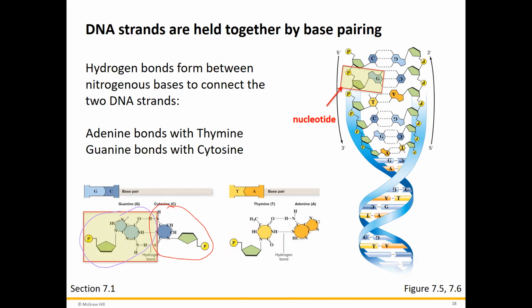Phosphate, sugar, nitrogen base. In order to get these hydrogen bonds to form, you have to have the right molecules lined up. And in order to get the molecules lined up correctly, notice here is what I call the roof of the house.